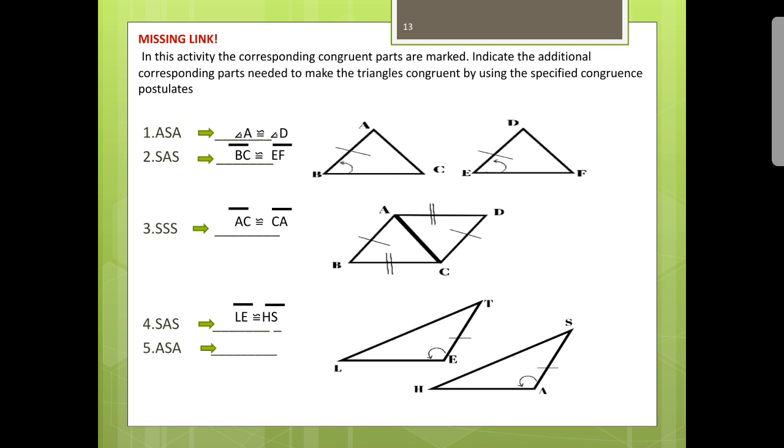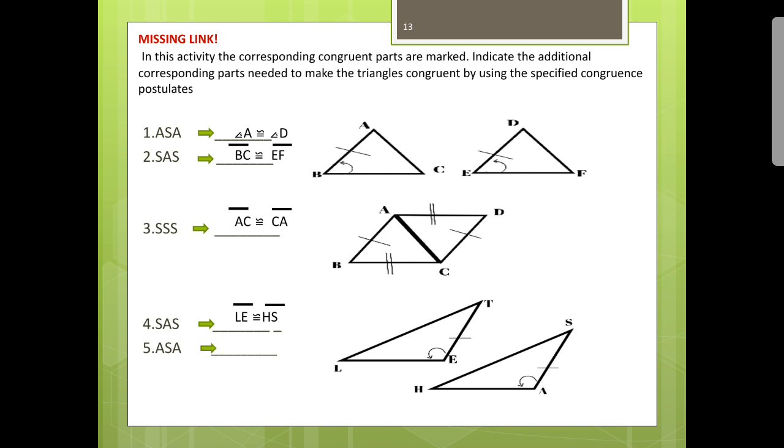For number 5, the first congruent angle is angle E congruent to angle A, using the identical marks.